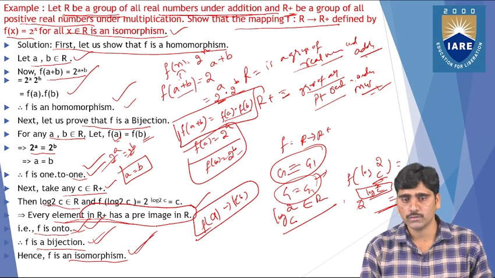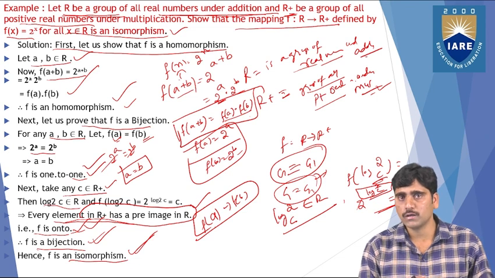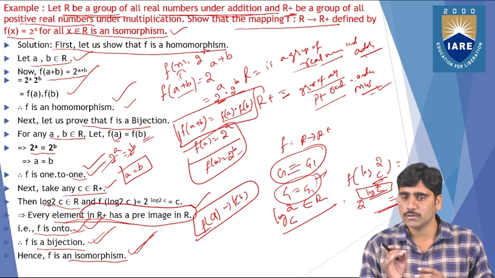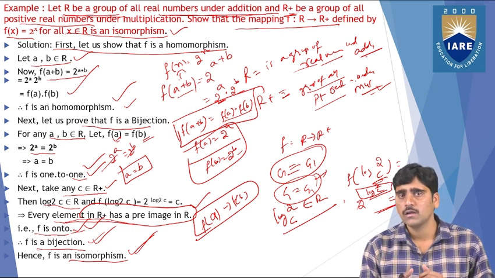So this is the way you can understand isomorphism and homomorphism. Actually we need to show isomorphism, but to show that, you need to show first of all the homomorphism. After showing that, you need to show the bijection of that homomorphism.